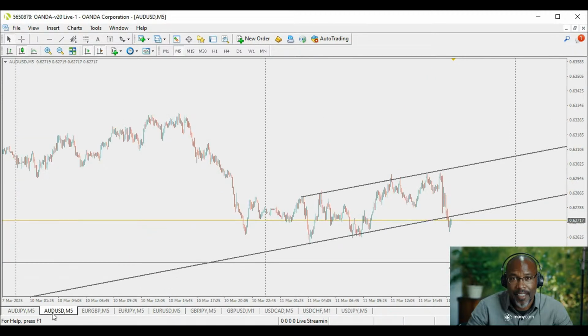I could enter just based on position, but I'm not going to do that. I'm going to wait for price action to cross the 16-minute baseline. That's what I'll use as my confirmation signal.